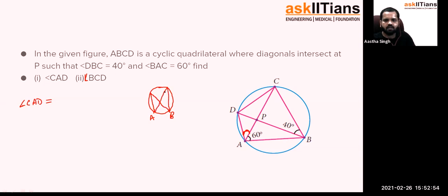These all angles are equal. So this is x, this is also x. If arc CD is making an angle of 40 degrees at the circumference, then obviously angle CAD will be equal to how much? Again 40 degrees.